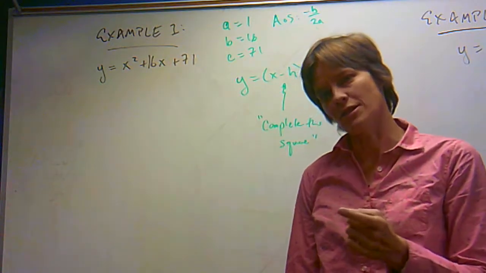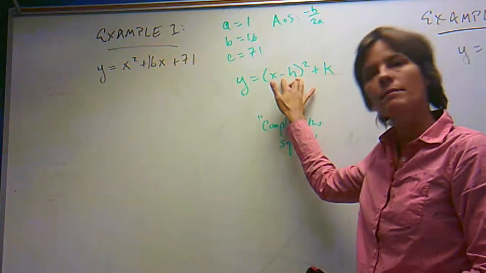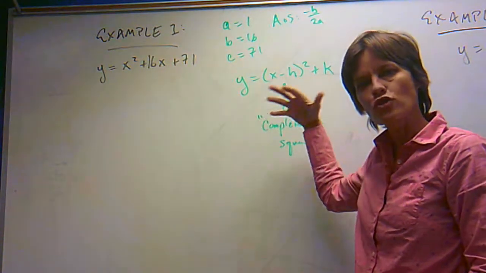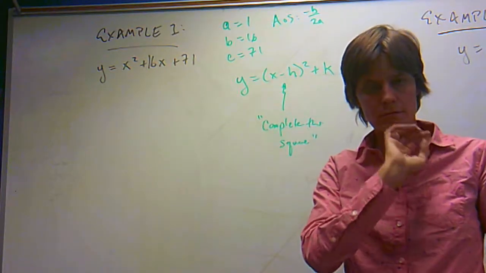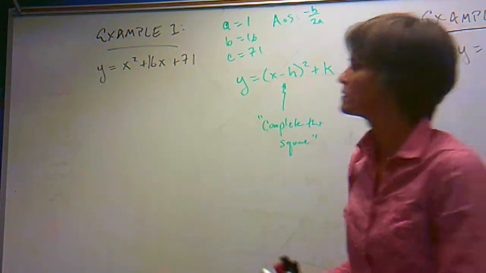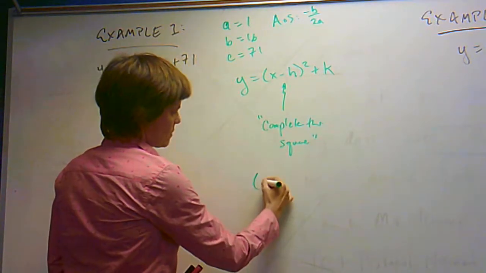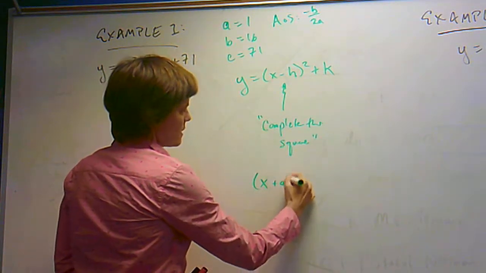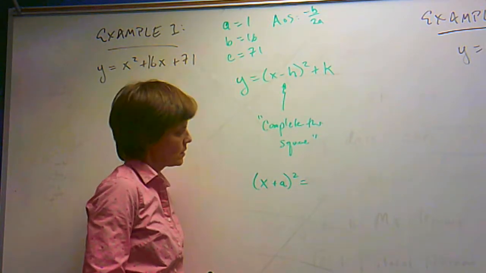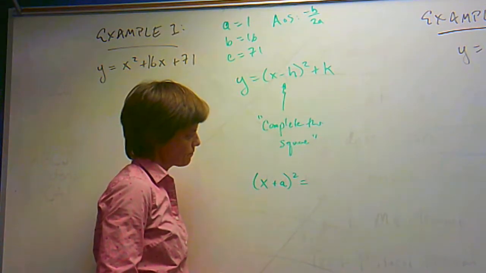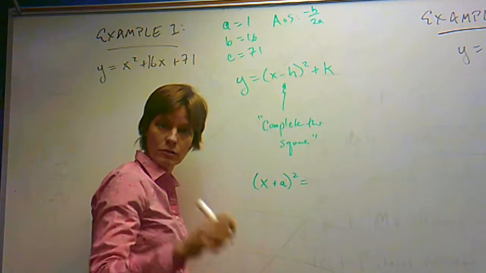Let's see what we can do here. What you really are looking for is something here that can then be squared. In a perfect square, x plus a quantity squared, maybe you learned this once before, when you FOIL this out, do you remember this?